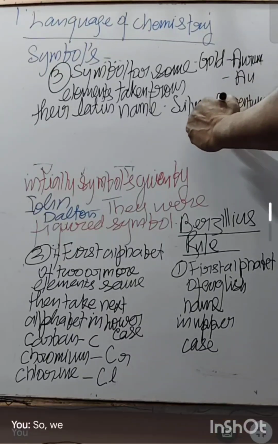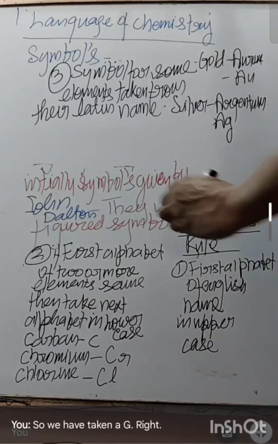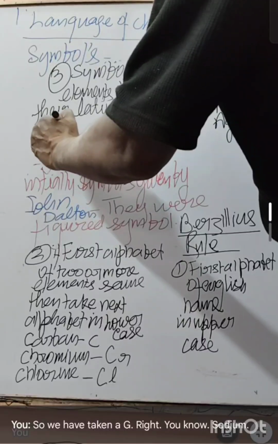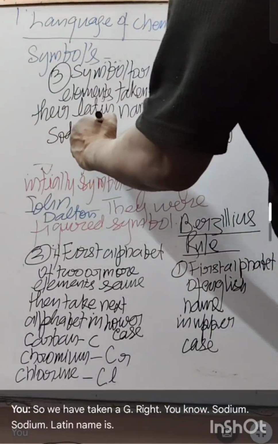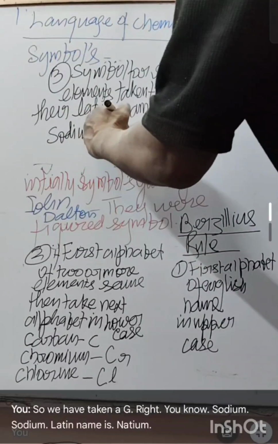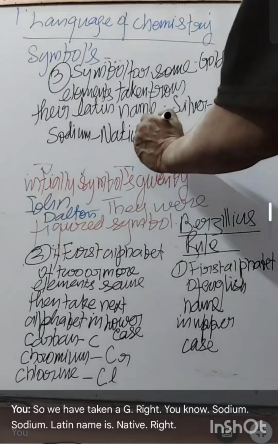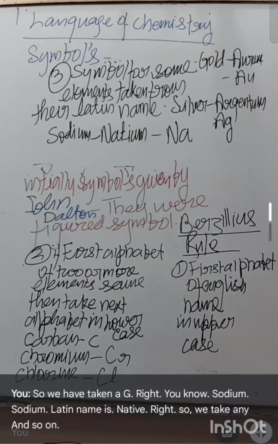So we have taken Ag, right? You know sodium. Sodium's Latin name is natrium, right? So we take Na, and so on, right? Yes, sir. This is what we have about symbols.